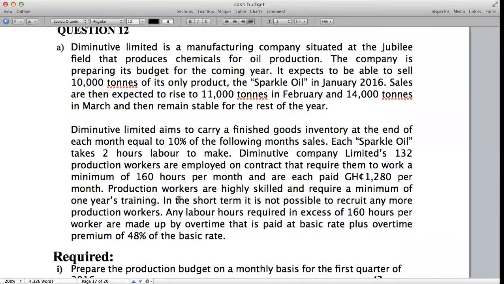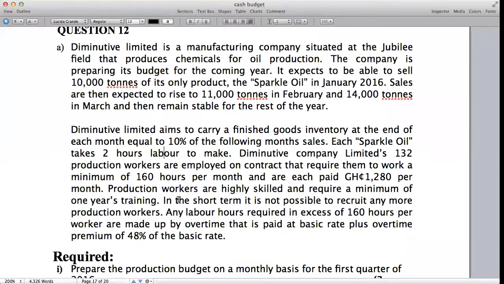Now, the company's 132 production workers are employed on contracts that require them to work a minimum of 160 hours per month and are each paid 1,280 Ghana cedis per month. Production workers are highly skilled.